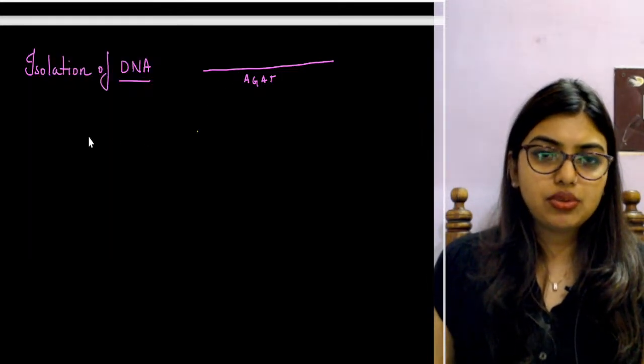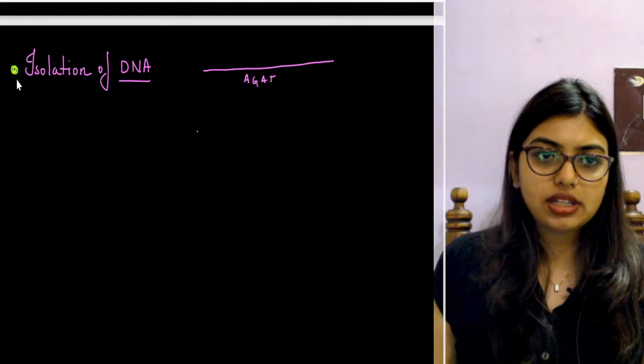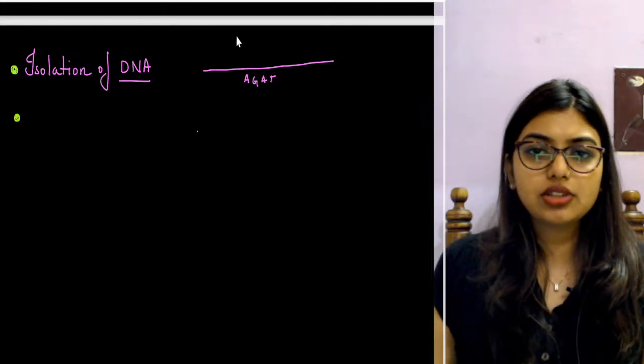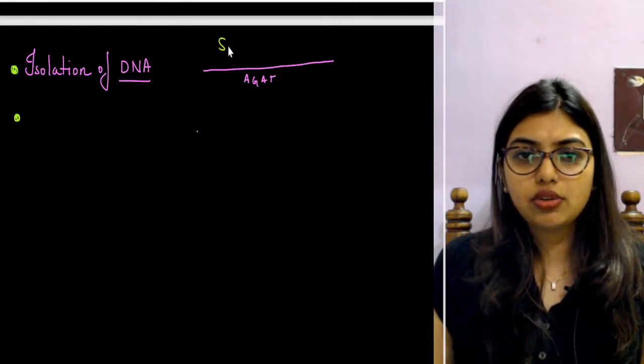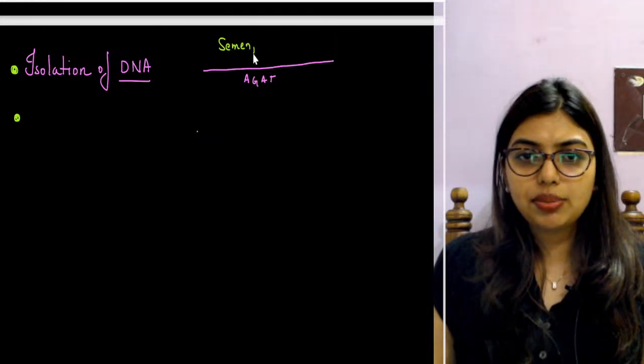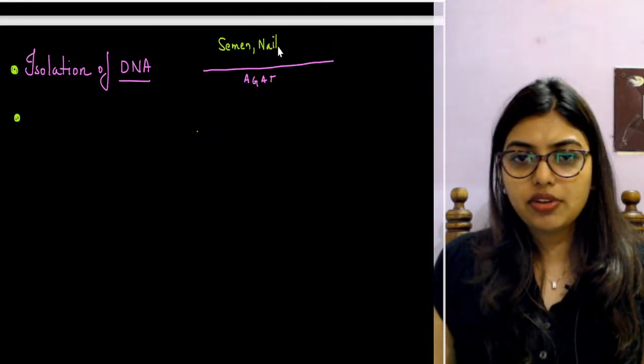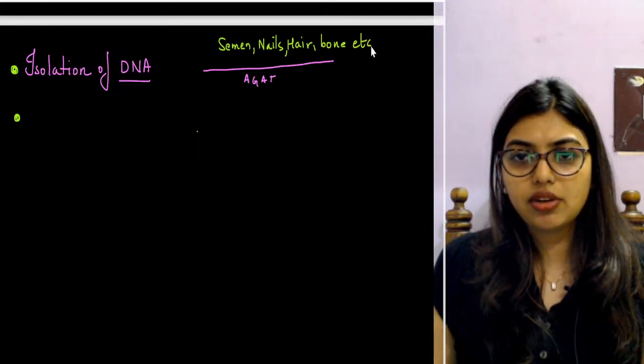First you isolate the DNA fragment. The isolation could be from semen, from nails, from hair, from bones, etcetera. You have isolated the DNA.